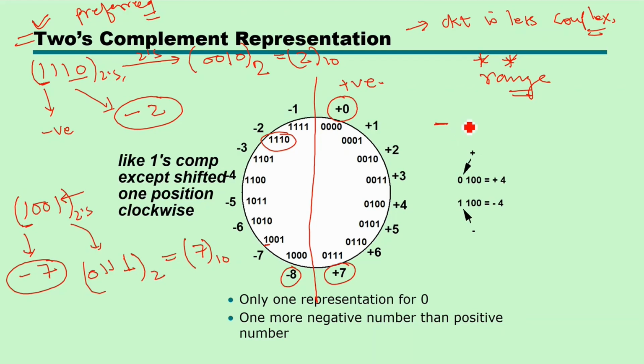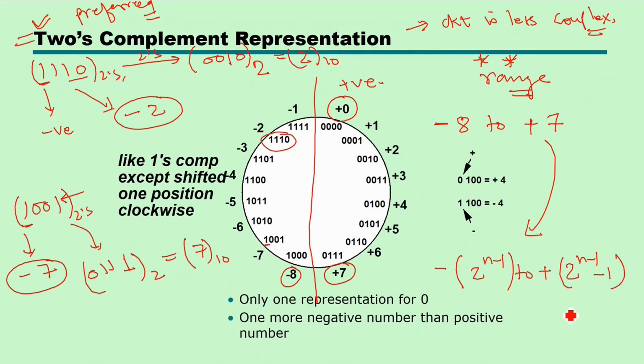So it is like -8 to +7. So the generalized form we can write like -2^(n-1), the -1 will not be there, to plus 2^(n-1) minus 1. So this will be the range in case of 2's complement. So I hope you have got the point.